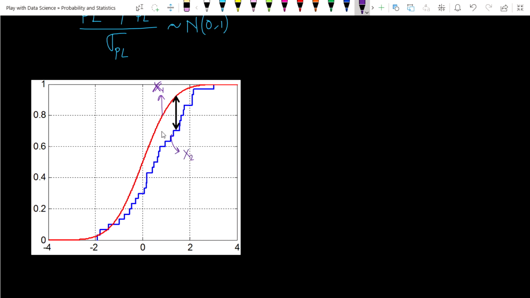The x-axis is the random variable axis, meaning the observed values of the random variables.